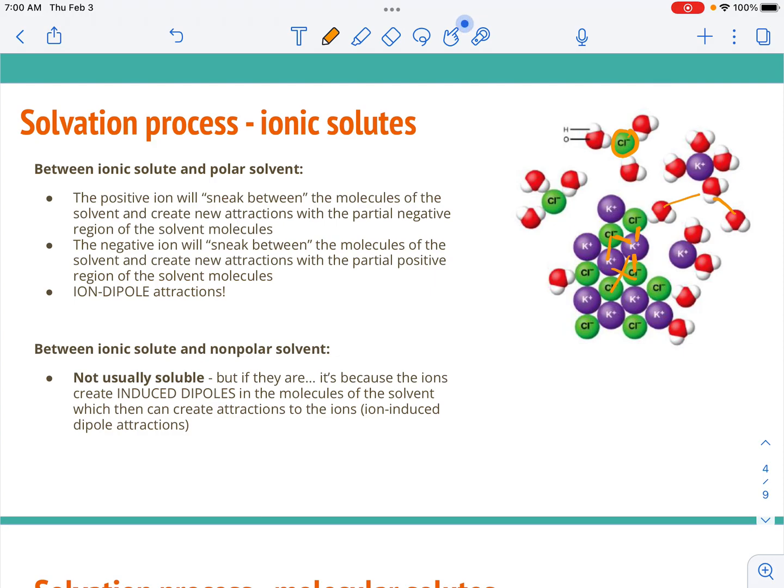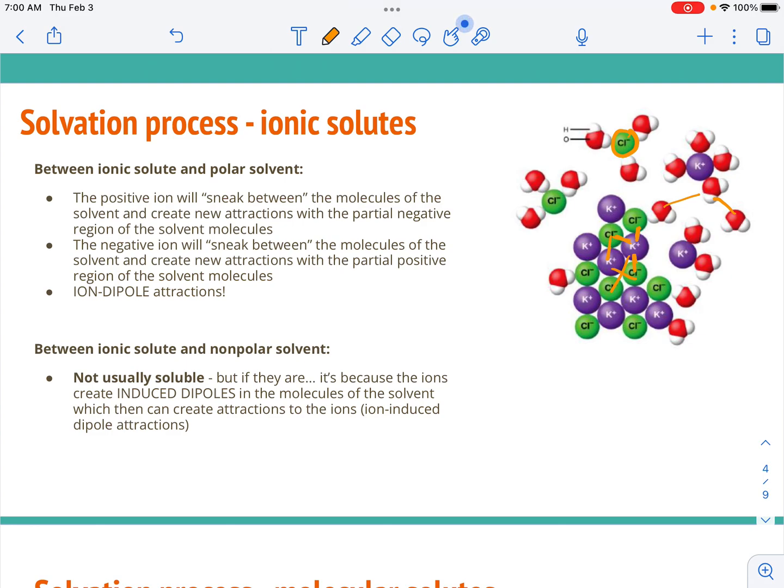It's literally this process of breaking old attractions, breaking the old ionic bonds, and forming new ones. If something dissolves, it means that the attraction between solute and solvent is stronger than the attraction between solvent and solvent and solute and solute. You have to keep that in mind. It's a lower energy state.